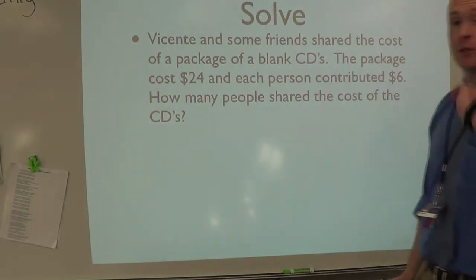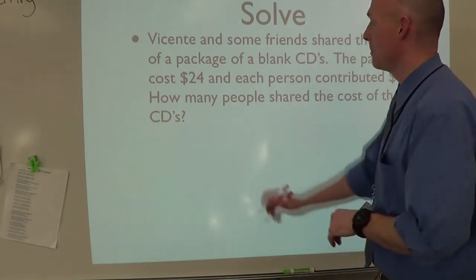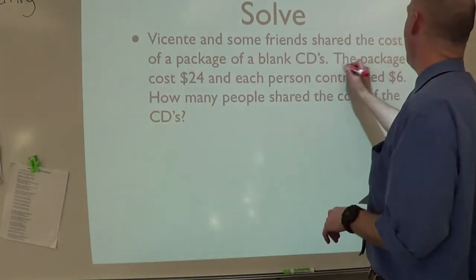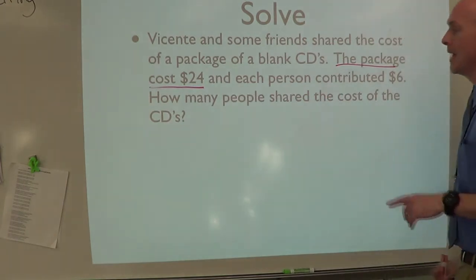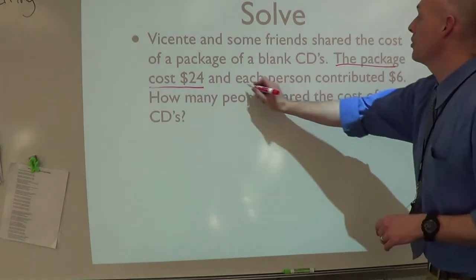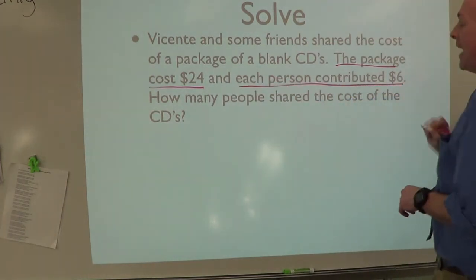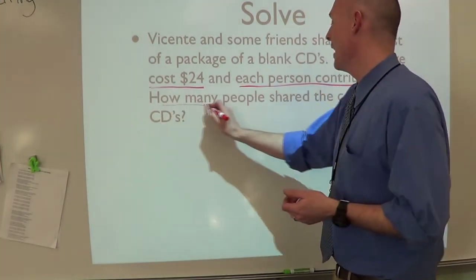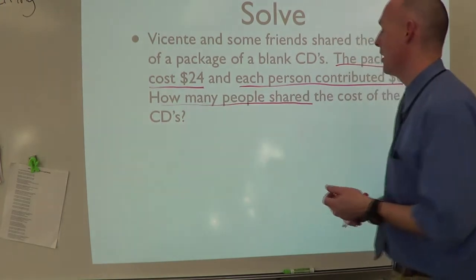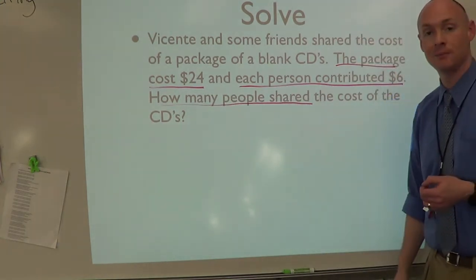All right, first thing I want to do is find key math information. So I know that the package costs $24. Perfect. I know that each person contributed $6. Okay. And the question is, how many people shared the cost of the CDs?